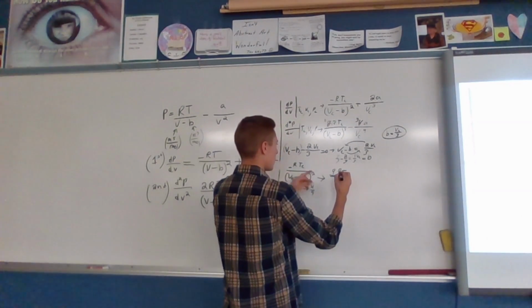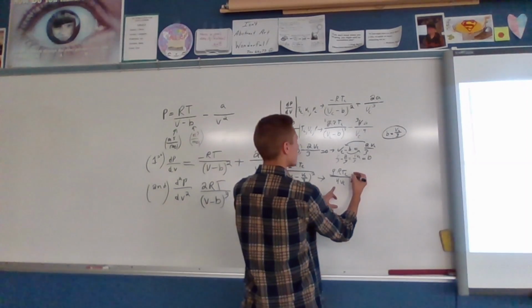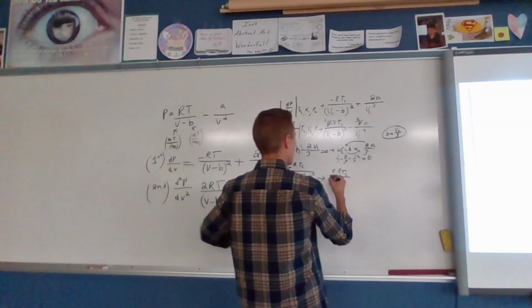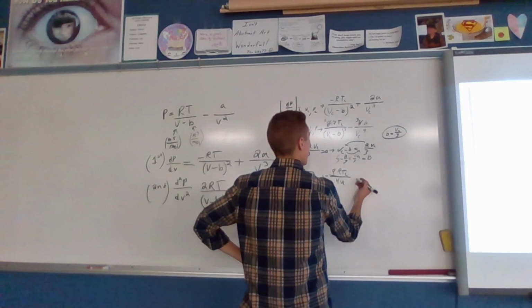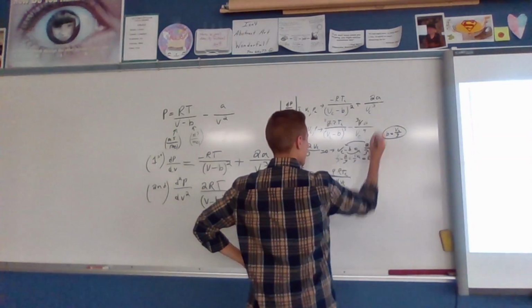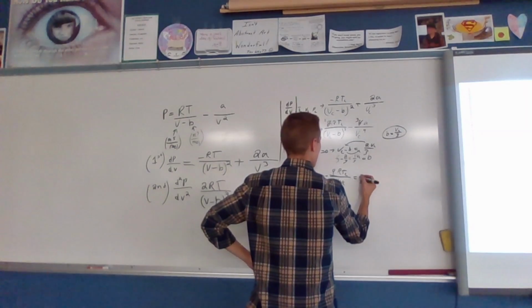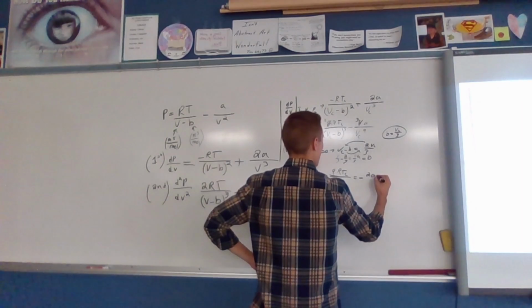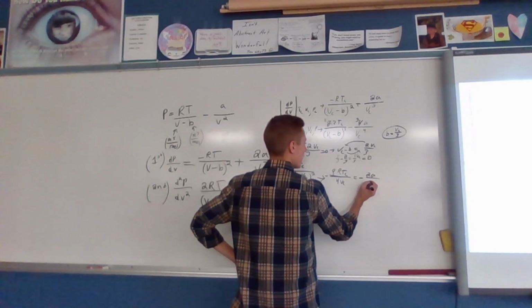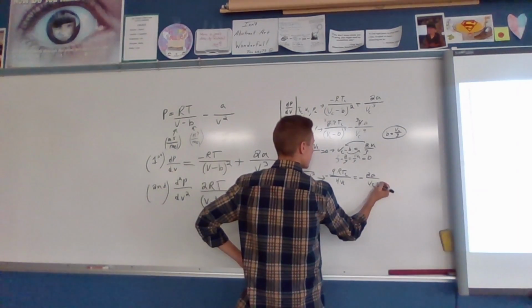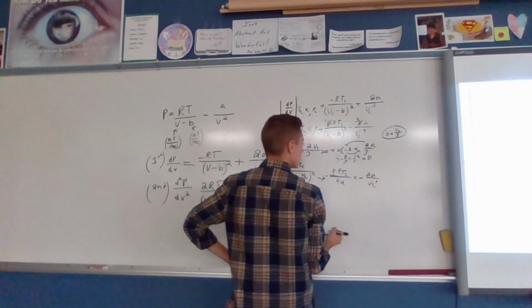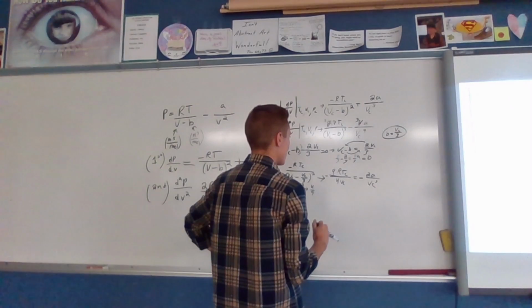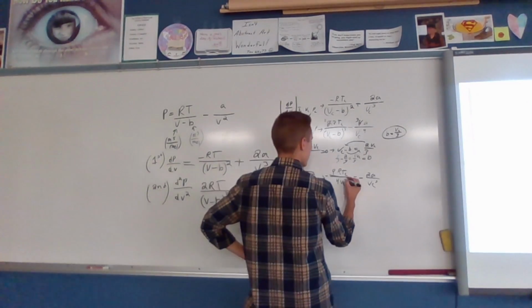Now that we have this, we can set this to the other side. So minus equals minus 2A over VC cubed. And this is actually squared, I forgot that.